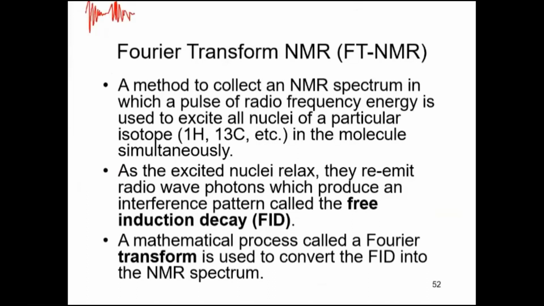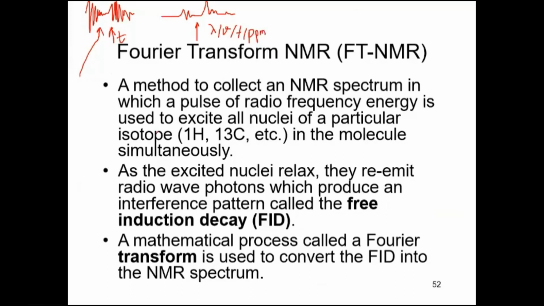If you apply the mathematical operation of Fourier transform to it, we can change this into a more meaningful form. This is with respect to the time scale, and this is, you can call it, per wavelength, per wave number, or in case of NMR, a frequency, or we can convert it to ppm.